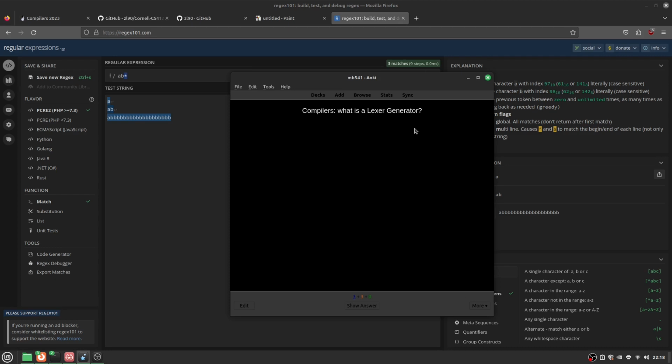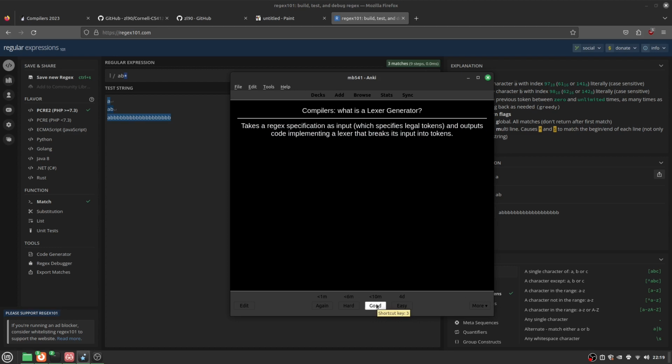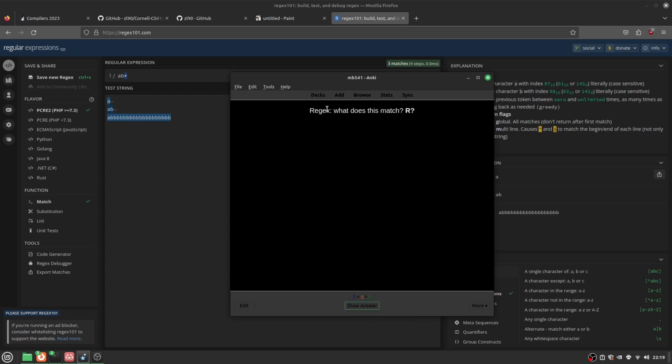So you define a language using regular expressions, and you give that to the lexer generator, and it outputs a lexer program for you. Takes a regex specification as input, and outputs code implementing a lexer that breaks its input into tokens. Good. That wasn't easy, but it was good.